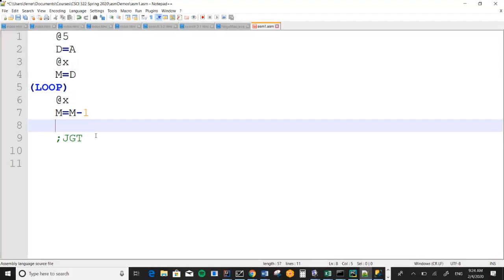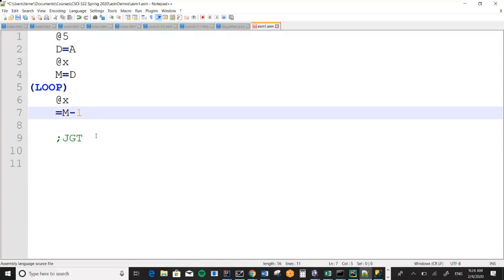So here's what we're going to do. We're going to load the value from RAM into the D register. And you can do that. So you can specify multiple destinations. Now on a circuit level, this is really pretty simple, right? Each destination is its own D bit in the CPU.